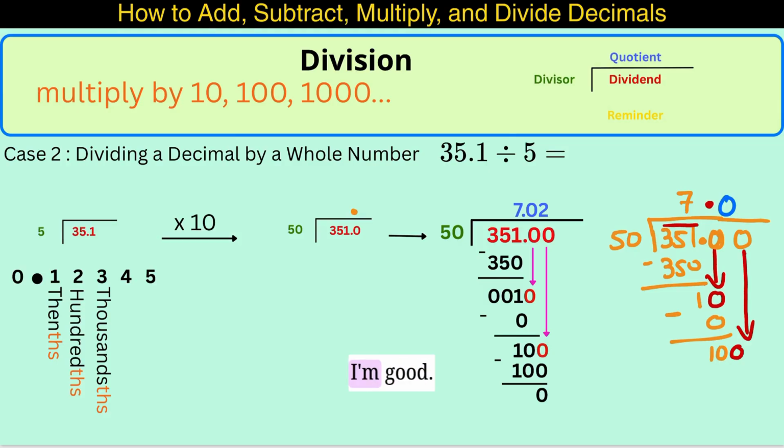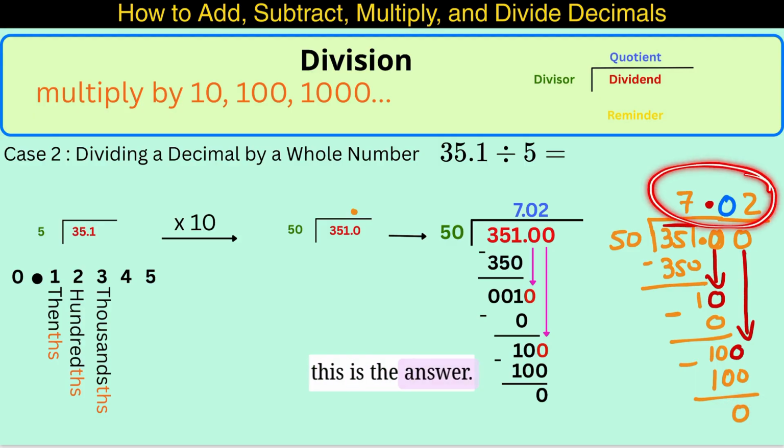Now I'm on the right track. So, does 50 go into 100? Yes. How many times? 2. I'm going to put 2 in here. 2 times 50 is 100. 100 minus 100 will give me 0. Now I will stop because I got the 0 at the end. And this is the answer.